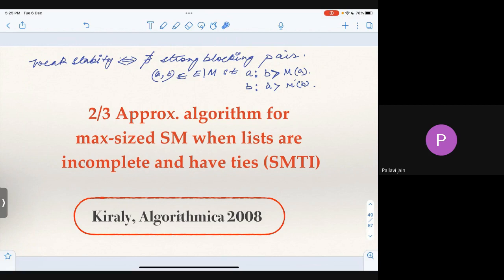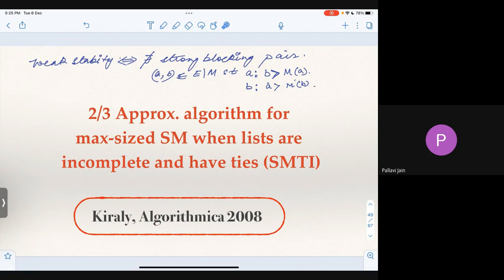And holding on to the same tied partner is not going to lead to a blocking pair. So that will give a weakly stable matching. In fact, you can break ties arbitrarily before starting the proposals, and then run Gale Shapley. What you were saying is dynamic: in the run of the algorithm, you're breaking ties, right? So that will result in a stable matching, but it may not be the maximum size stable matching.